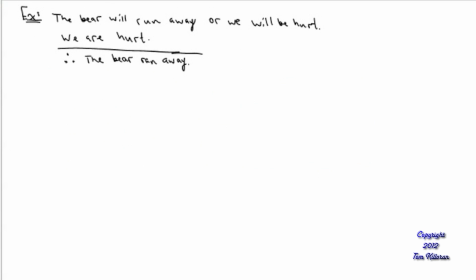The bear will run away, or we will be hurt. We are actually hurt, therefore the bear ran away. We change it into symbolic. We could care less if it makes any sense. Generally, most of these don't. So you just take whatever's there, change it into symbolic form, and see what happens.